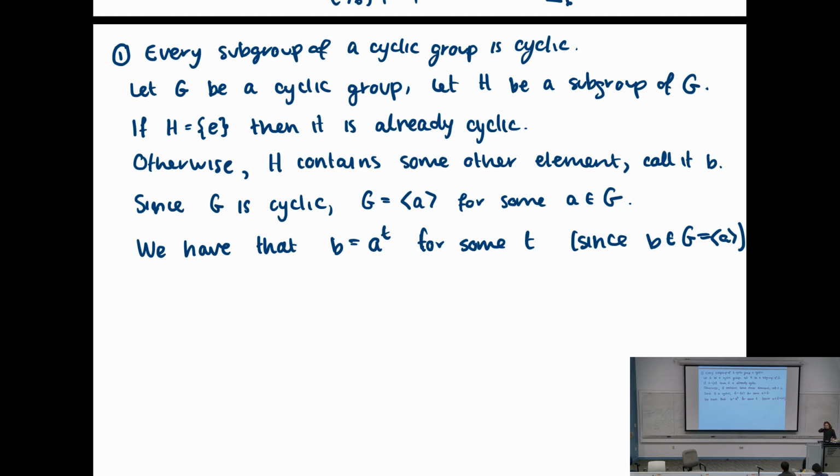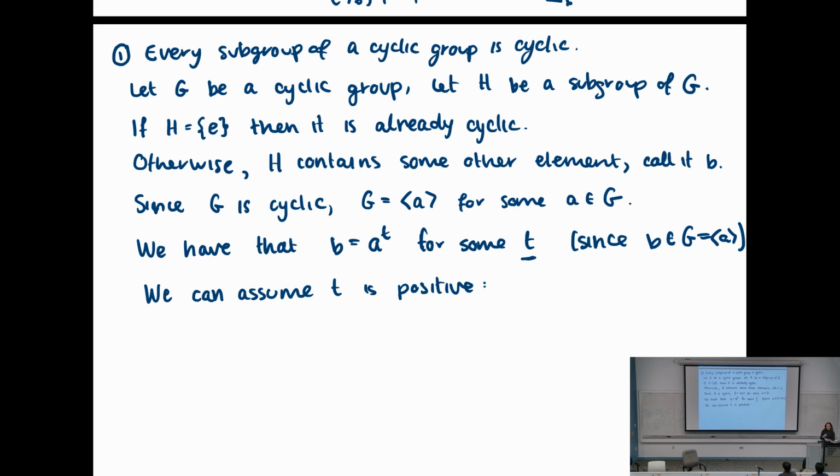Okay, and moreover, we can assume that t is positive. I'll make a brief argument for this. We know it's not equal to 0 because that would mean that B was the identity, and we picked it specifically to be a non-identity element.